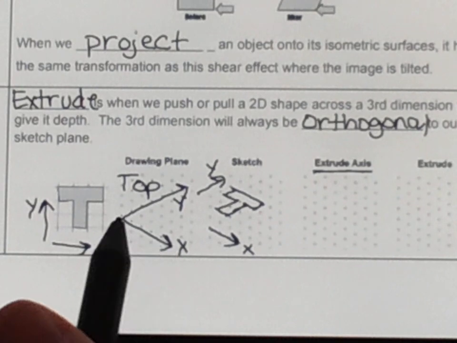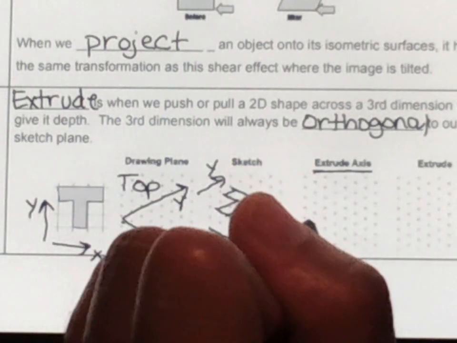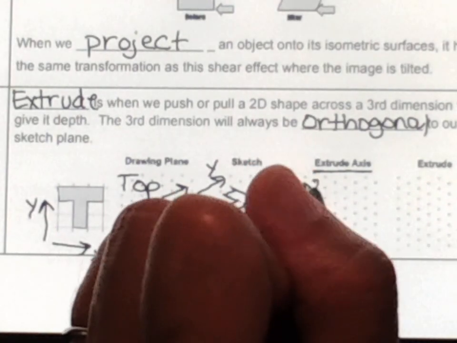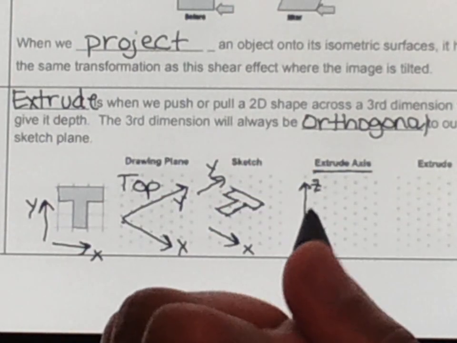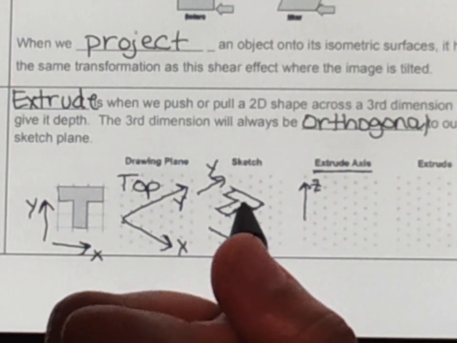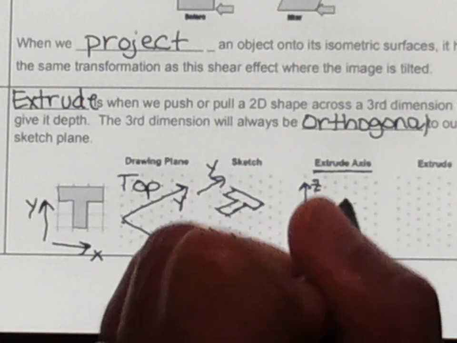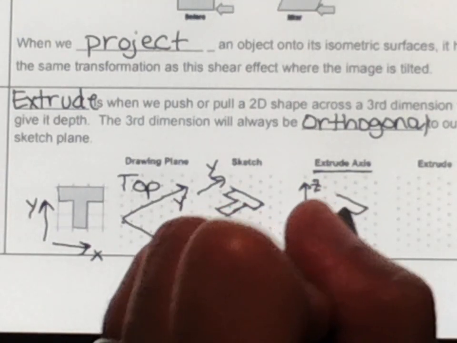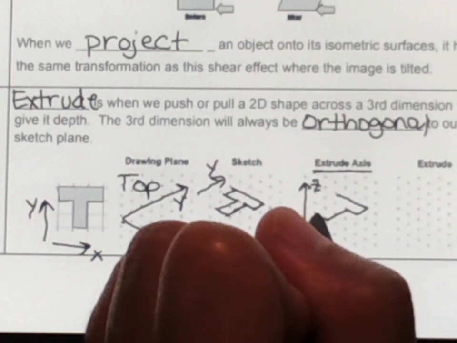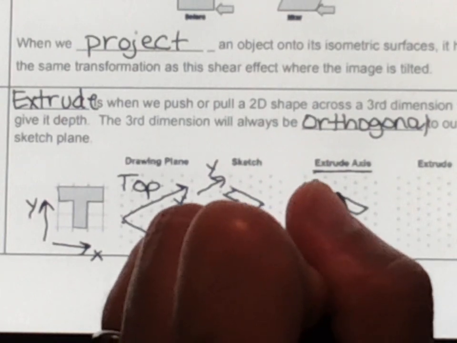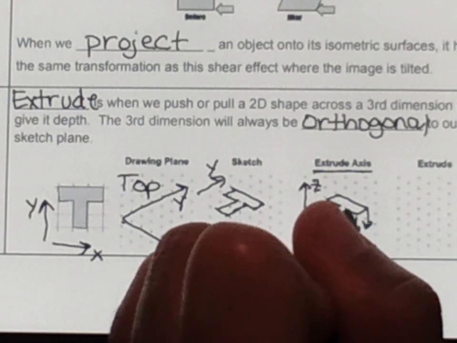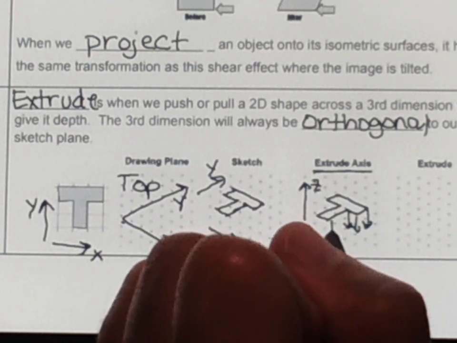So since our sketch plane is XY, our extrusion is going to be along the Z-axis. But the Z-axis goes up in the positive, and since we're on the top, we're going to extrude down. So I'm just going to recopy my top face.